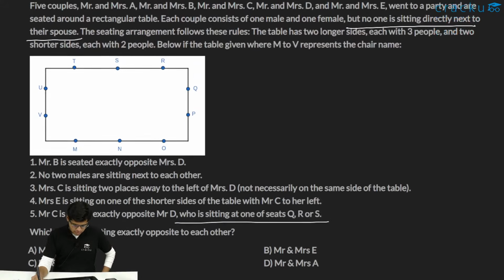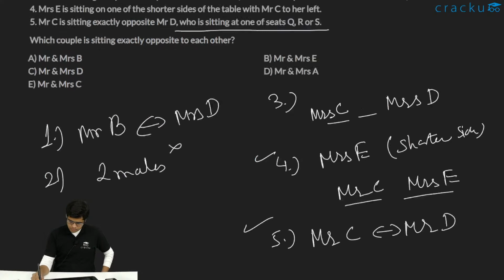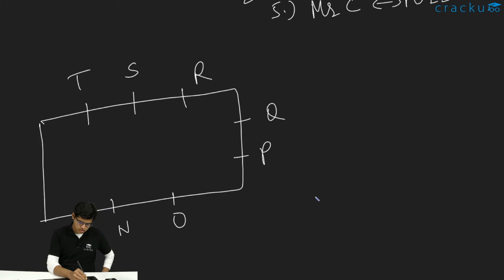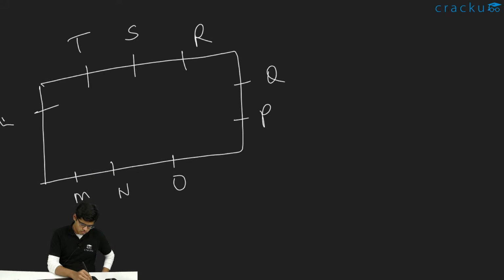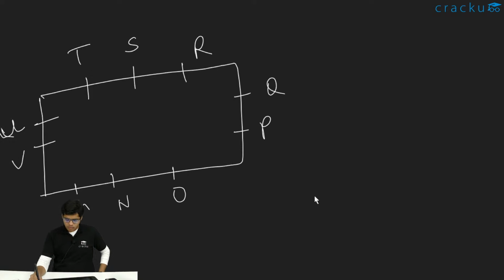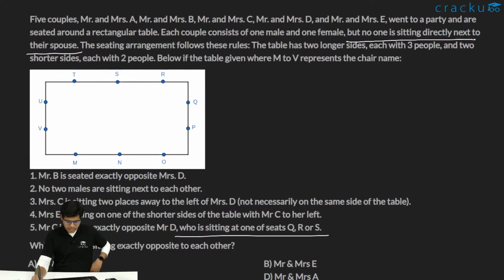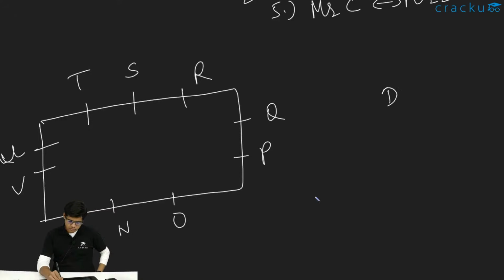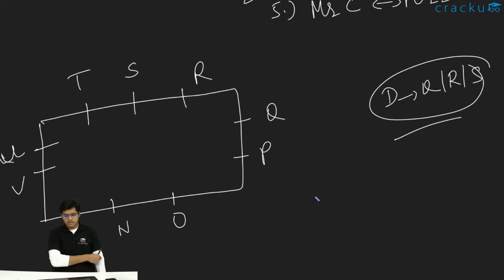We have M, N, O, P, Q, R, S, T, U, and this is V. Fine. Now it is given D is in seat Q, R or S, right?